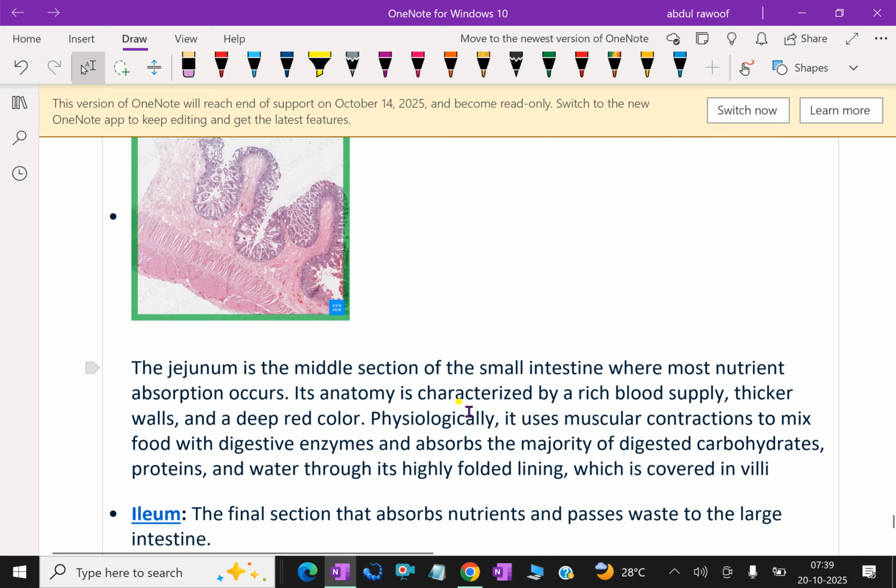Its anatomy is characterized by a rich blood supply, thicker walls, and a deep red color. Physiologically, it uses muscular contractions to mix food with digestive enzymes and absorbs the majority of digested carbohydrates, proteins, and water through its highly folded lining, which is covered in villi.